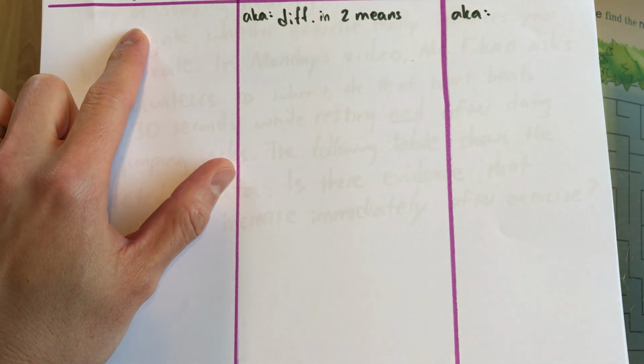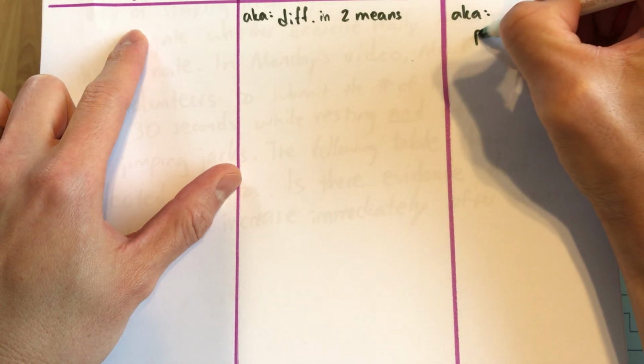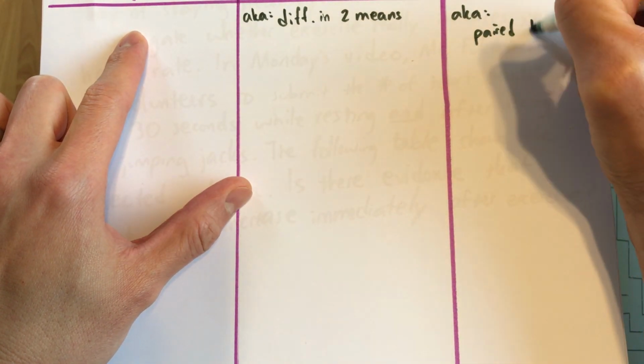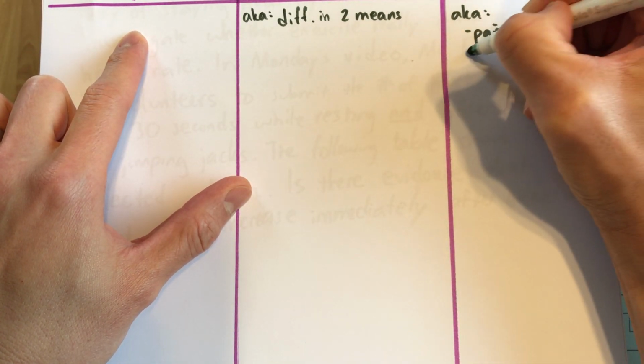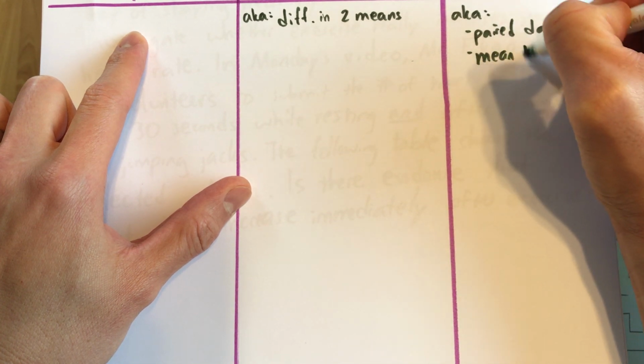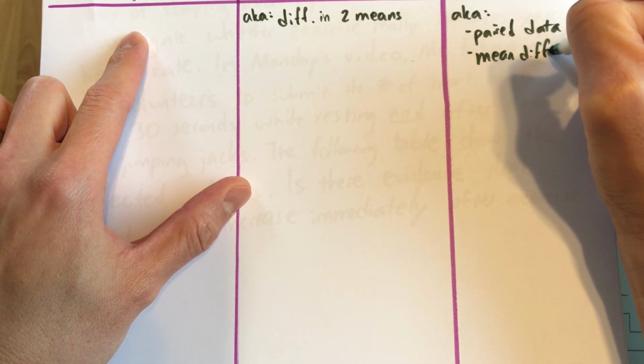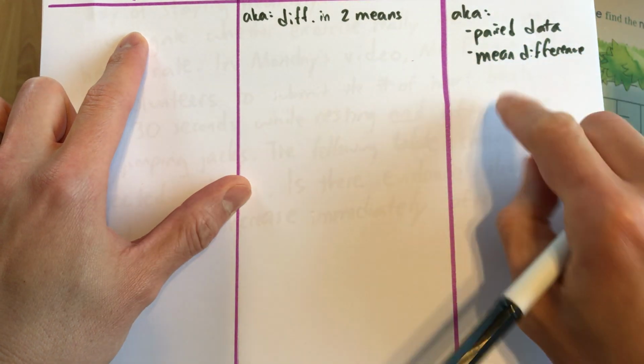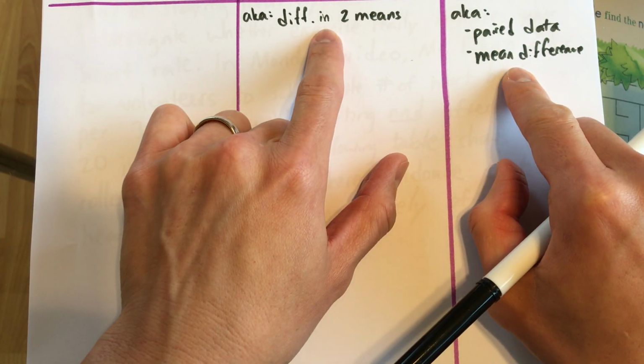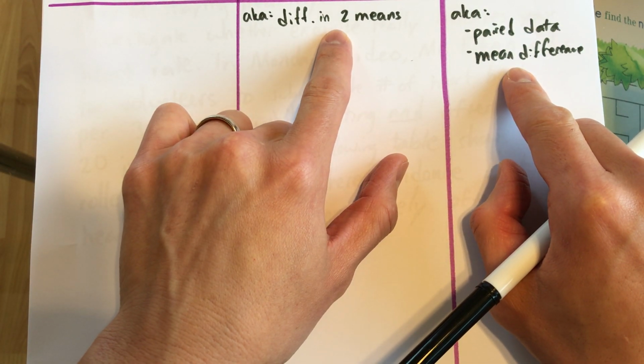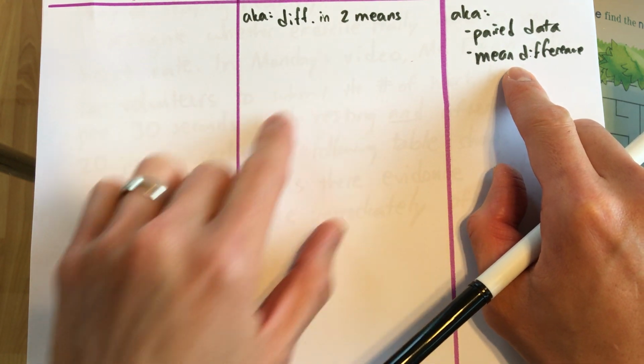Another aka for matched pairs, if you remember from our last video, is paired data or mean difference. Okay? And again, is mean difference different than the phrase difference in two means? Okay, so think about that.